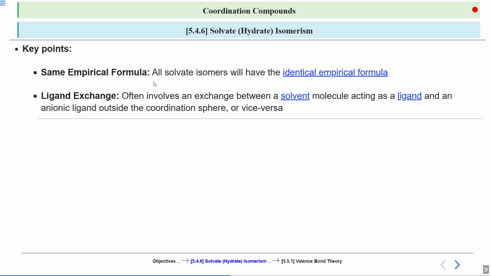Ligand exchange can happen in solvate hydrate isomerism between the solvent molecule acting as a ligand inside the coordination sphere and the anionic ligand present outside the coordination sphere, or vice versa. And also the solvate isomers are going to have the same empirical formula.